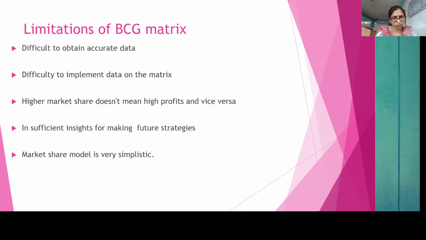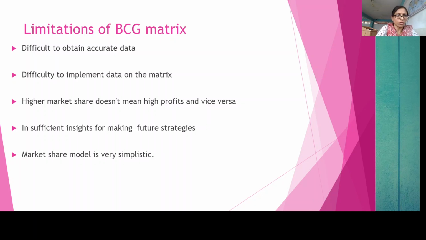The products lying in each quadrant are not fixed. Today a product may be in the star category, but tomorrow, if you can hold the position, it will become mature and be a cash cow.